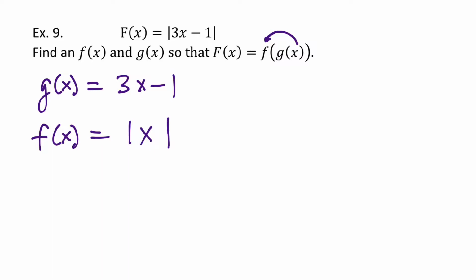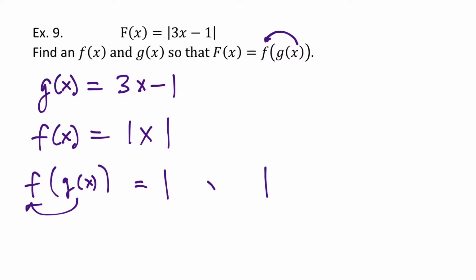If I want to find f of g of x, that means I'm going to plug the function g of x into the function f of x. All right, so this is f of x. Let's leave some room. And g of x has got to go inside there where we've got that x. So I'm going to put g of x inside where we would have that x in the f of x function, and then we've got it.